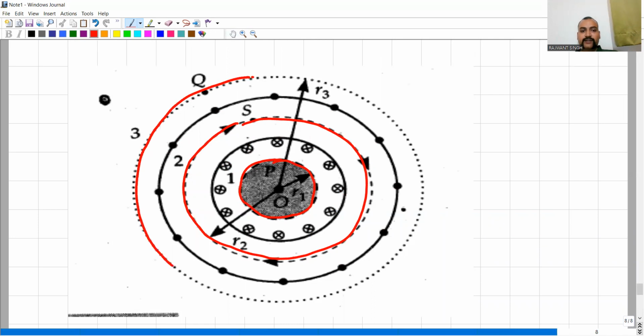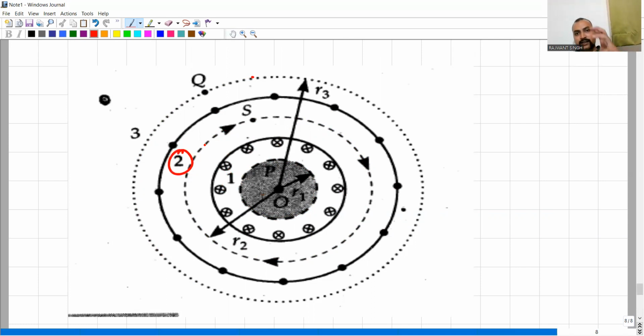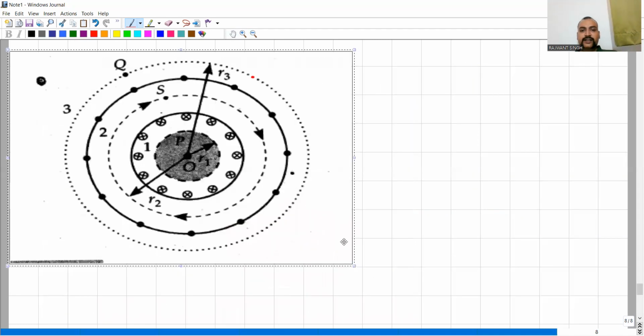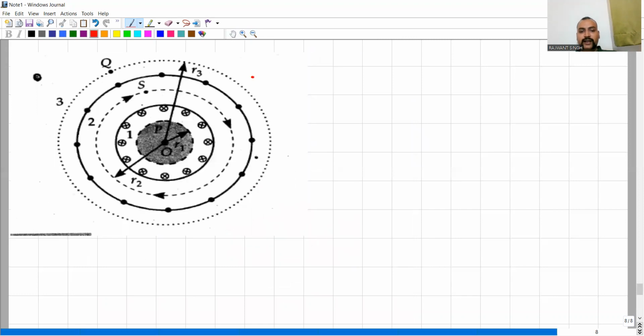So we have three loops here, loop 1, 2, 3, and it is very well marked. This is how you have to draw it in your board exam also. We are going to find the magnetic field in all these three regions, and for that we will be using Ampere's circuital law.